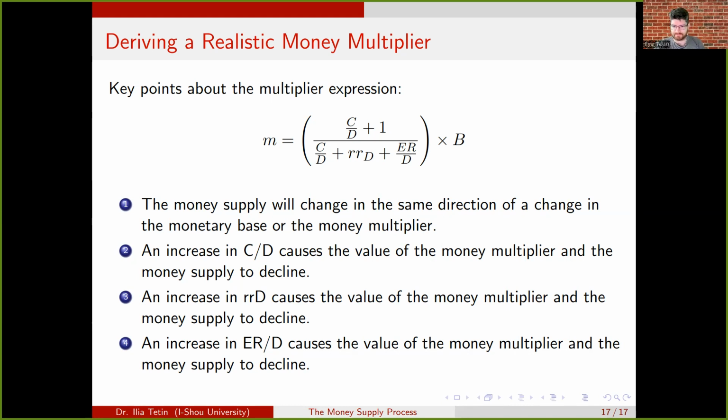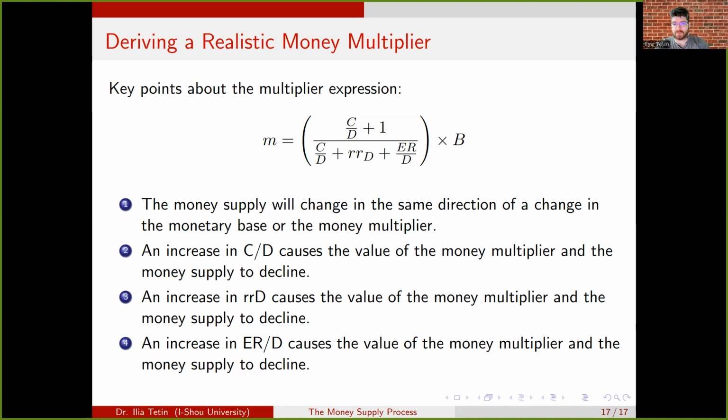To implement this formula, you have to understand what the excess reserves will be. The easiest part is the first question. What are checkable deposits, D in this case?